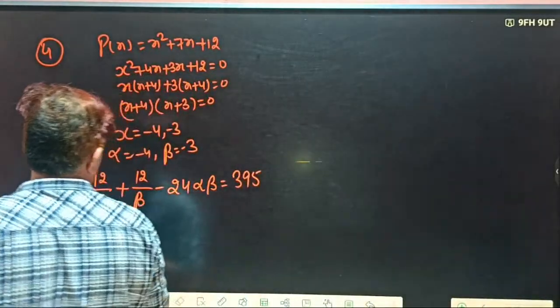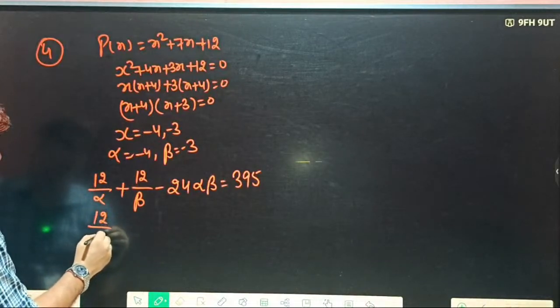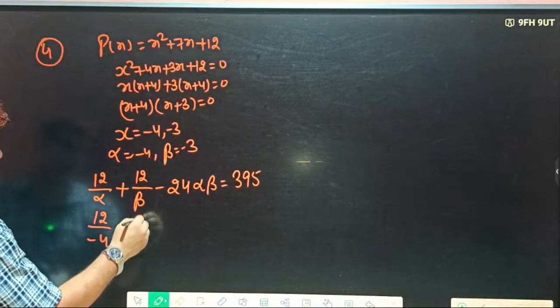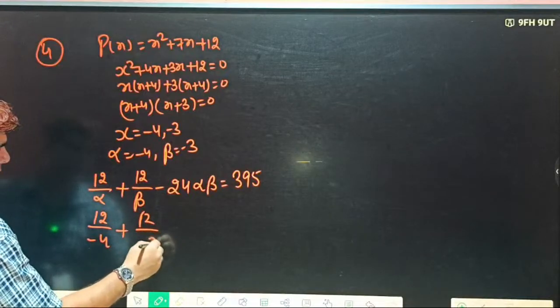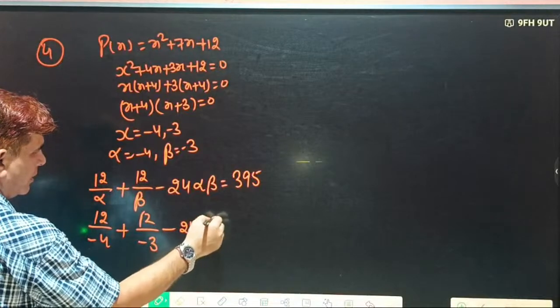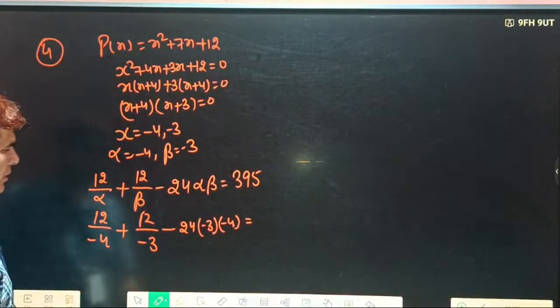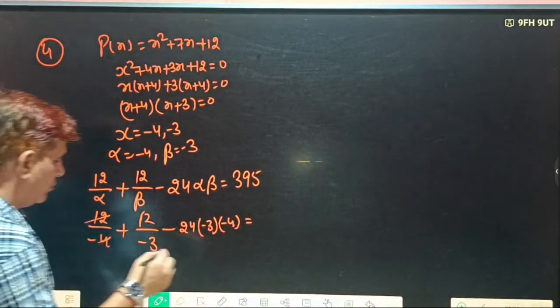So put value 12 alpha equal to minus 3 minus 4 plus beta 12 by minus 3 minus 24 into minus 3 minus 4, 4 into 3 coming is equal to what? So it's meaning this. How much?